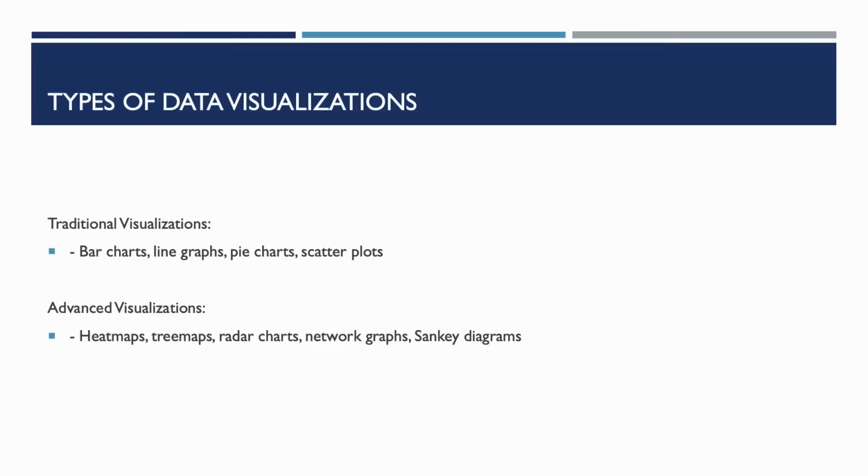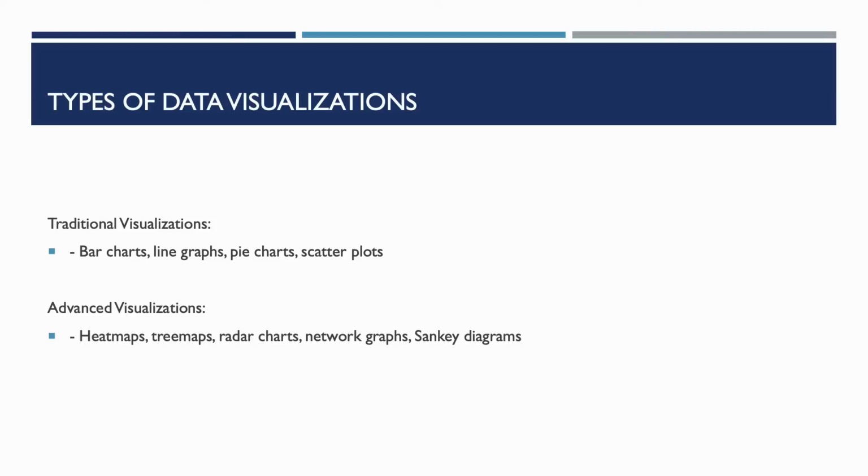Then line graphs, often used to display trends over time. Line graphs are useful when you want to show how one or more variables change in response to another. Then pie charts, which are used to represent parts of a whole, showing how a data set is divided into proportional segments.